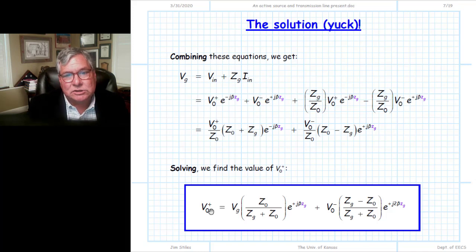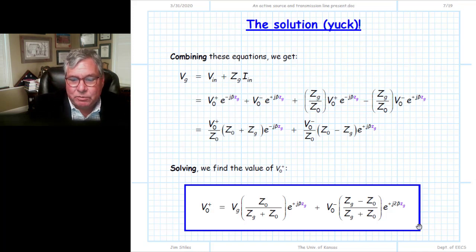And V0 plus, of course, is the complex amplitude of the wave propagating in the direction of increasing z. In other words, the wave amplitude of the wave that is coming out of the source and propagating down that transmission line. And when we do the algebra, we get this result here, which looks a little bit stressful to look at.